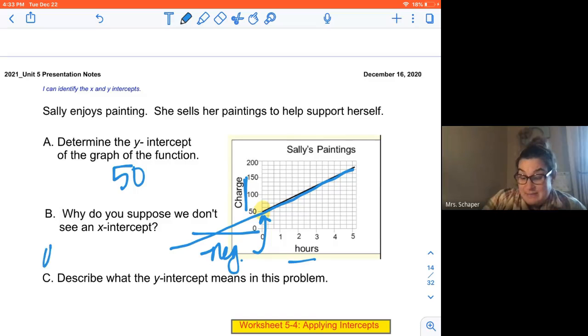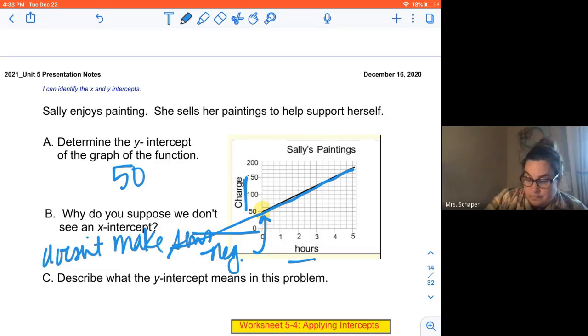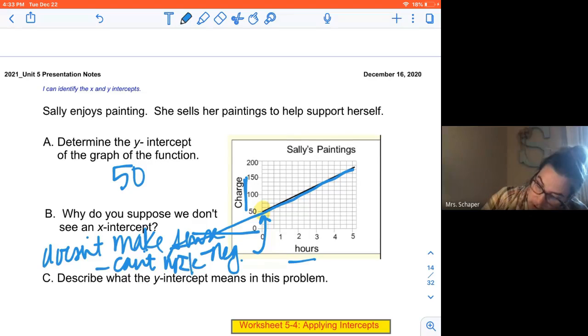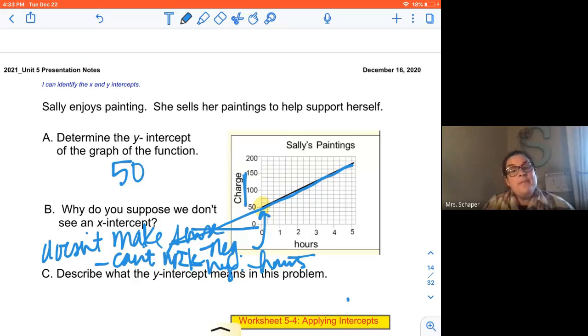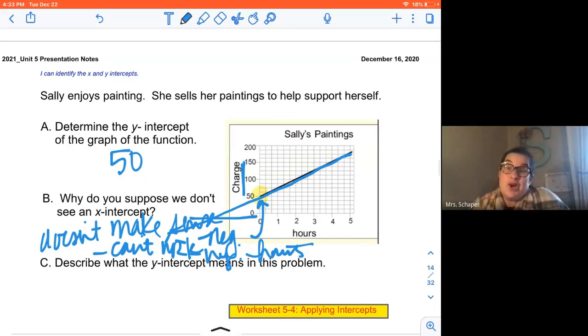What does the y-intercept mean in this problem? Kind of like what we talked about, it's the starting amount of that price, the starting amount of the package.